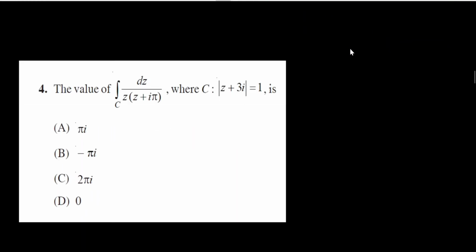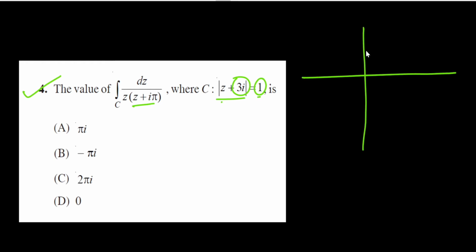Question number 4 is a complex integration, which comes from complex analysis. The value of the integral dz by z into z plus pi iota, where c is the circle mod of z plus 3 iota equal to 1, that is radius 1 and center at minus 3 iota. Now we first draw the region, this circle.